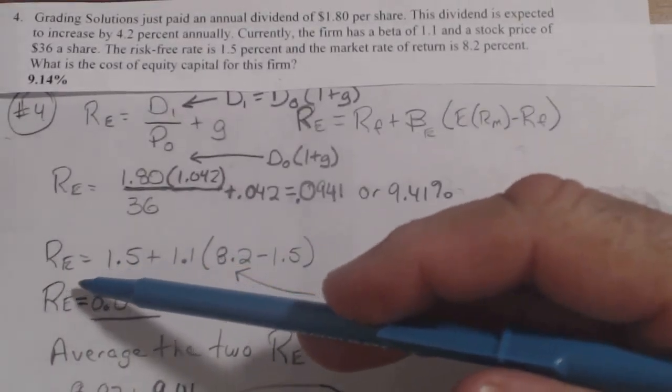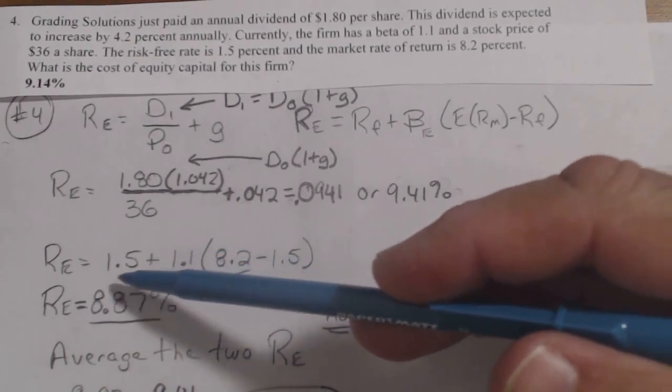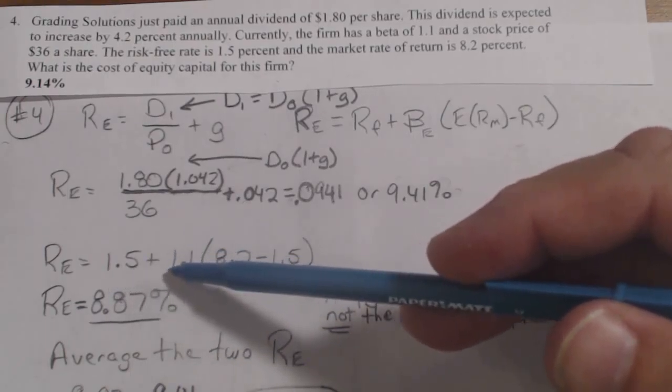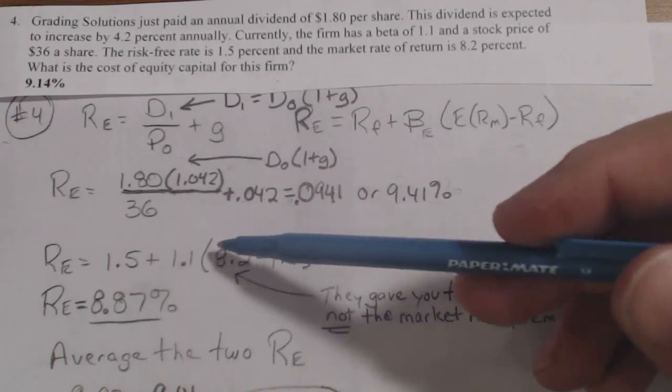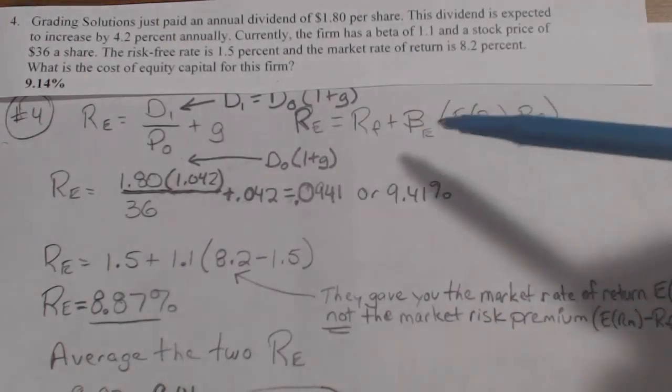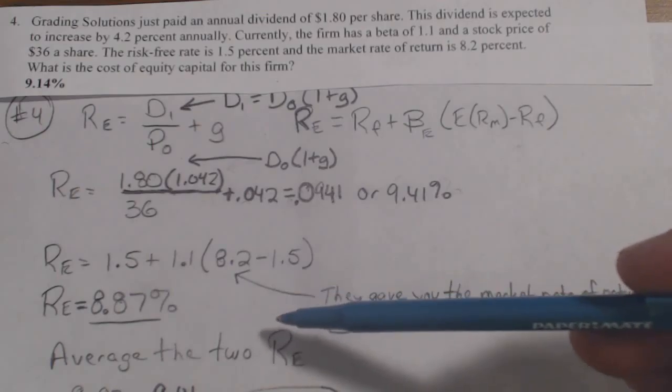That's the other formula, which is RE equals the risk-free rate RF plus beta times the market risk premium. They've given you enough information for both of these.